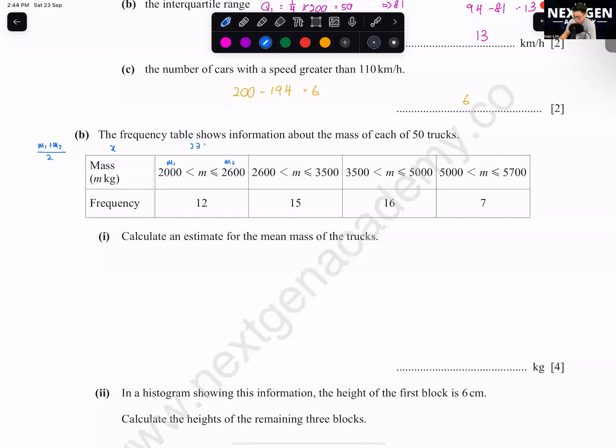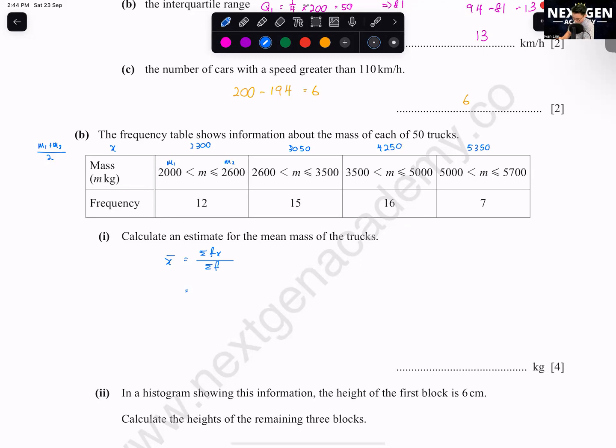So you get 2,300 here, 3050, 4250, and then 5350. Okay, the formula is sum of fx over sum of f.